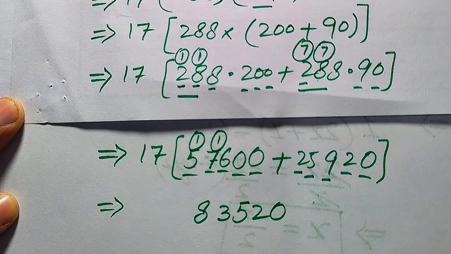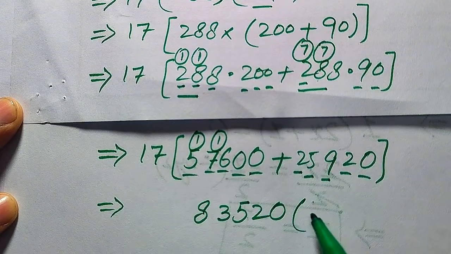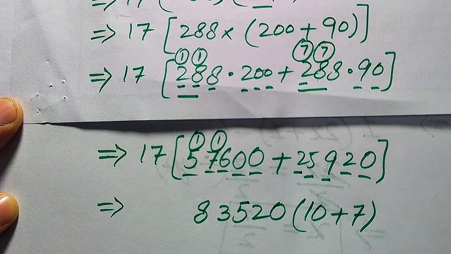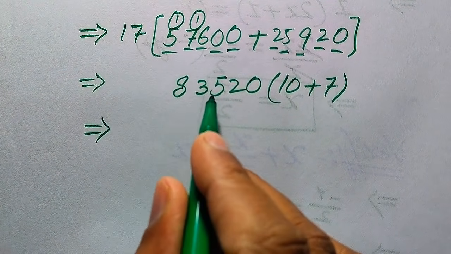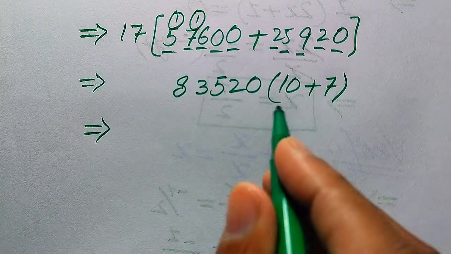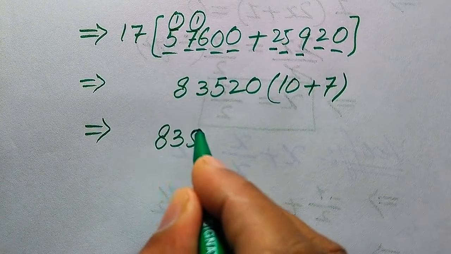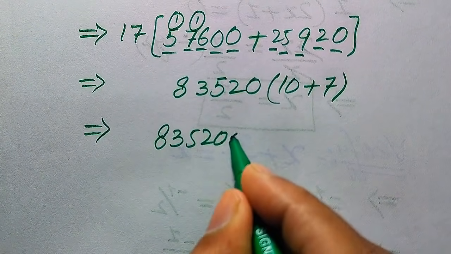So here we need to multiply this term with 17, and we write this 17 as 10 plus 7. So in the next step, we multiply this term separately on both of these two values, and when we multiply this term with 10, it will be written as 83520, and we just add this 0 here.